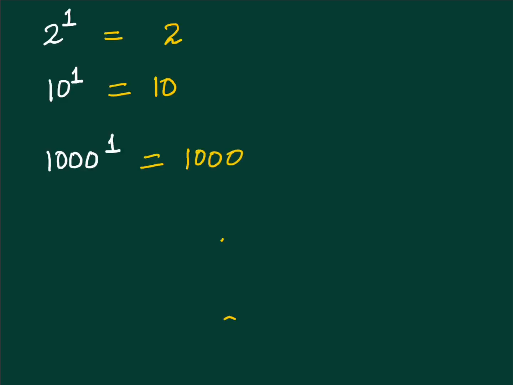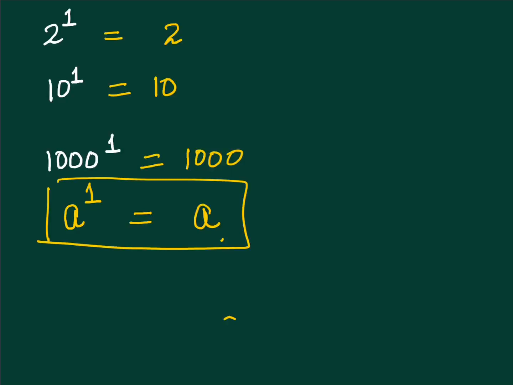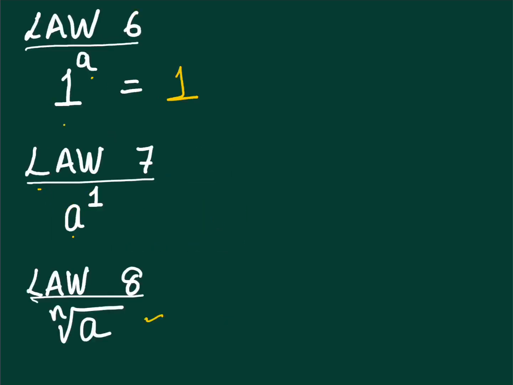So the generalization: any number to the power of 1 would always be the same number. Would you like to again update the chart that we made? So here we have a to the power of 1 will be a. Good to go.